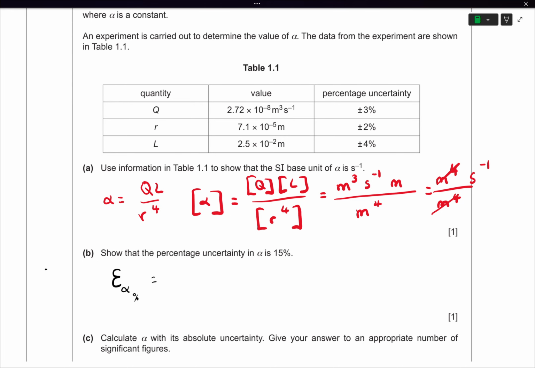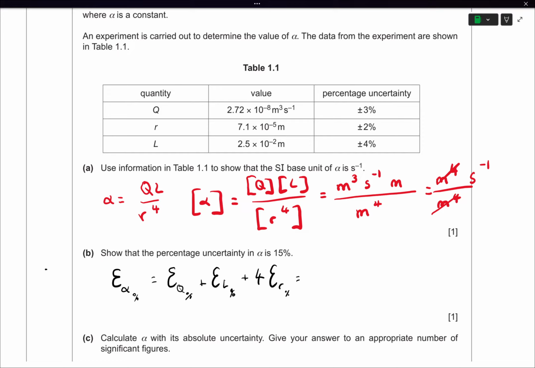So we're going to have to add up the percentage uncertainties, and R affects it 4 times. So this will be the uncertainty in Q as a percentage plus the uncertainty in L as a percentage plus 4 times the uncertainty in R as a percentage.